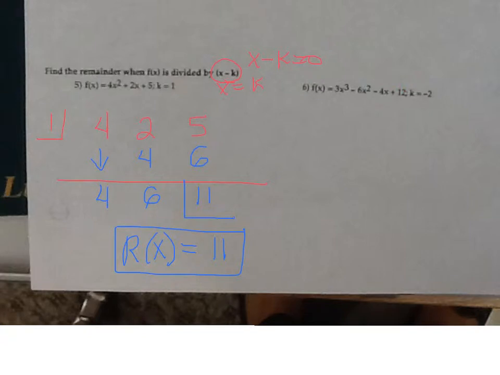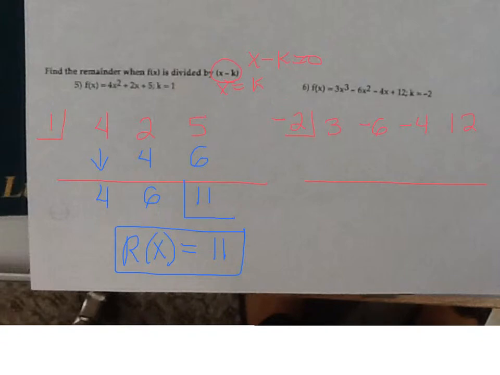So I get my coefficients, which are 3, -6, -4, and 12. And this is divided by k, which is -2. Which would be positive 2? No, because remember, it's the opposite now? When you solve for k over here, x minus k equals 0, x is equal to k. So since you're saying that k is -2, that's what you use outside, okay?